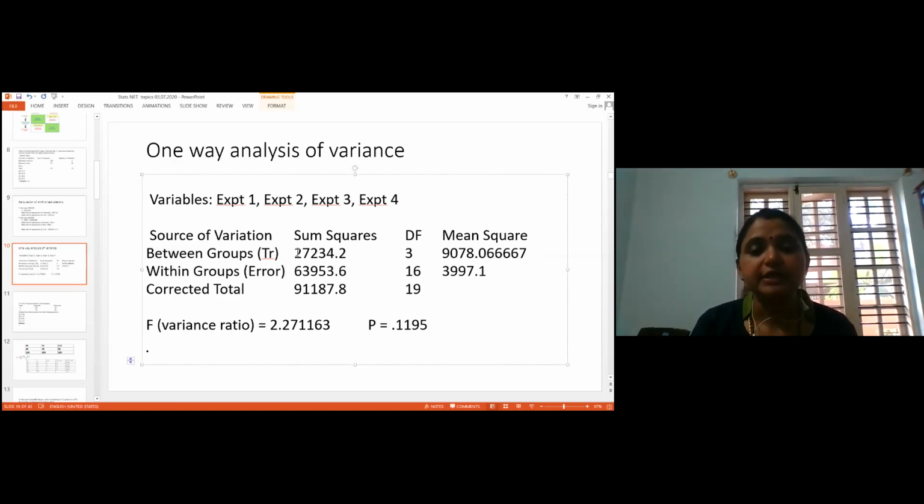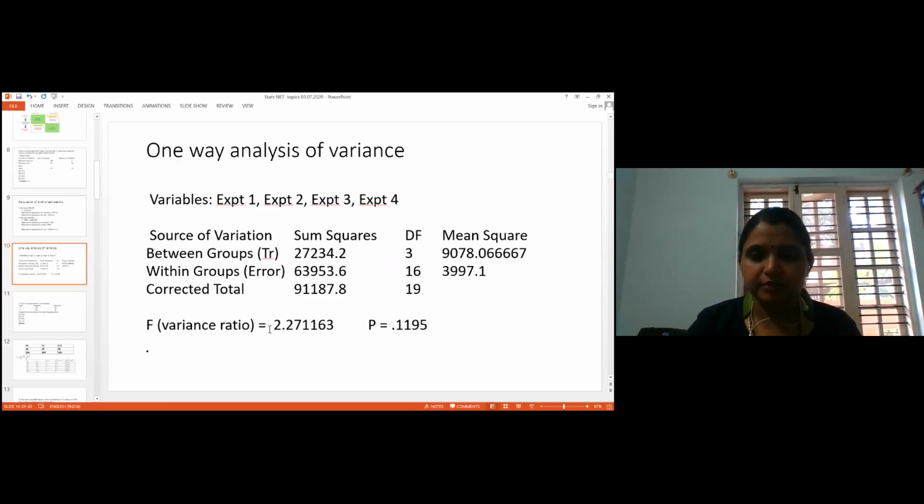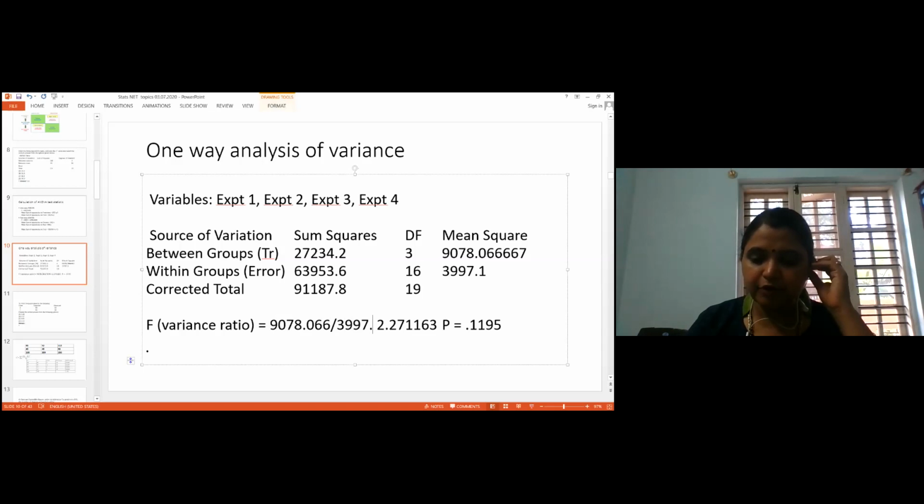The value will be the mean sum of squares of treatment divided by the mean sum of squares due to error. Straight away we can write it here as 9078.066 divided by 3997.1.